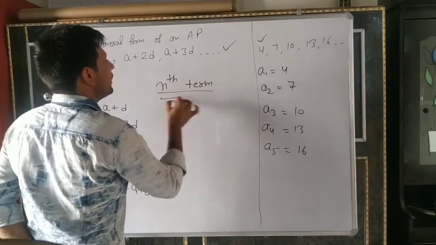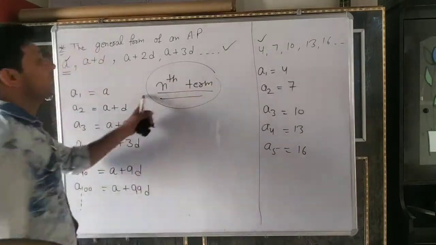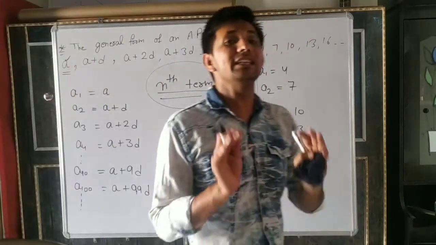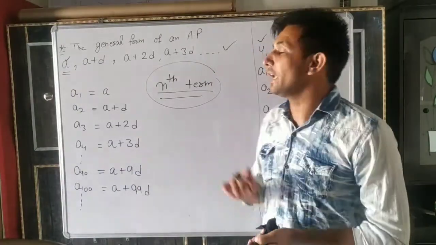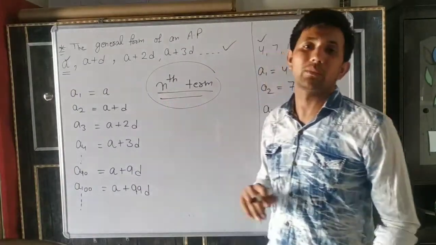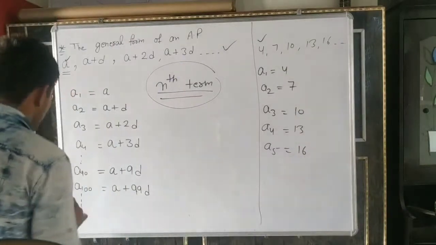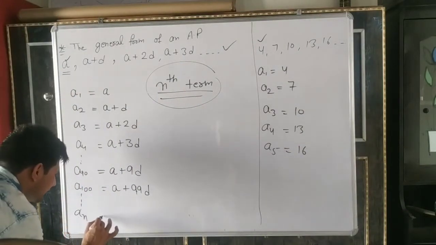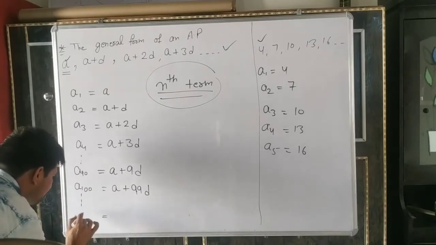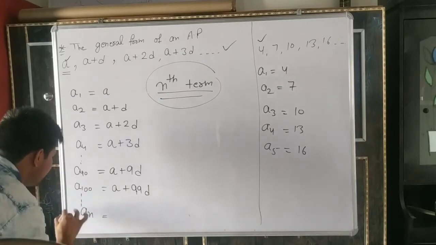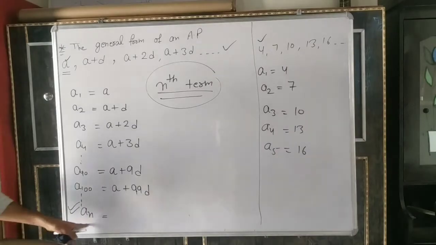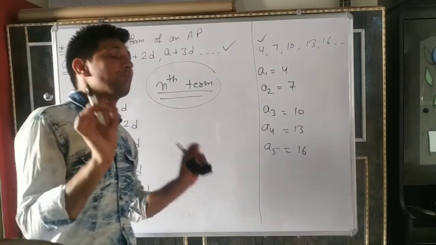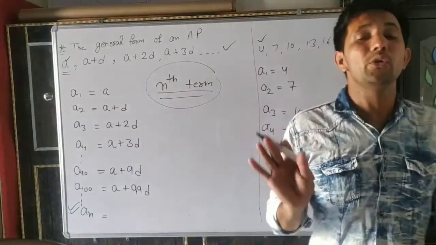We will find a term which is at the nth term. The nth term means it is general. You can make an AP using the nth term also. So what is the nth term? In place of 100 I am writing N. N means the nth term of an AP. It is very important. If you understand this one, you can solve all questions of 5.2 yourself very easily.